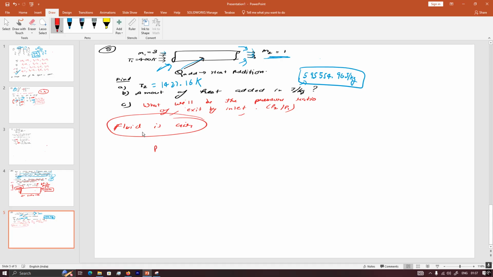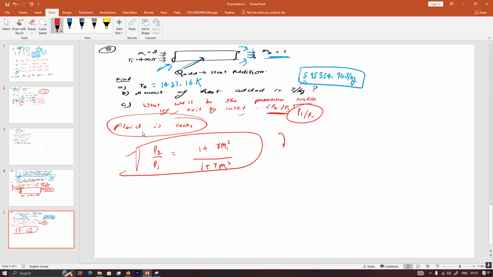So it's easy, we have the direct formula. P2 by P1 is equal to 1 plus gamma M1 square upon 1 plus gamma M2 square. So you should check what is asked. P2 by P1 is asked, and this formula is for P2 by P1. If P1 by P2 was asked, you should have used this formula and just made it inverse, or you can directly use the inverse formula as well.